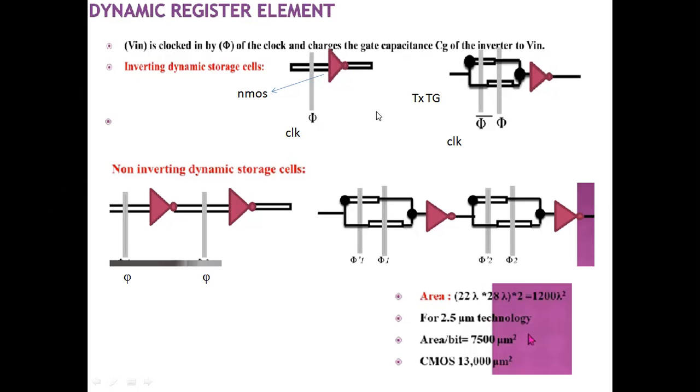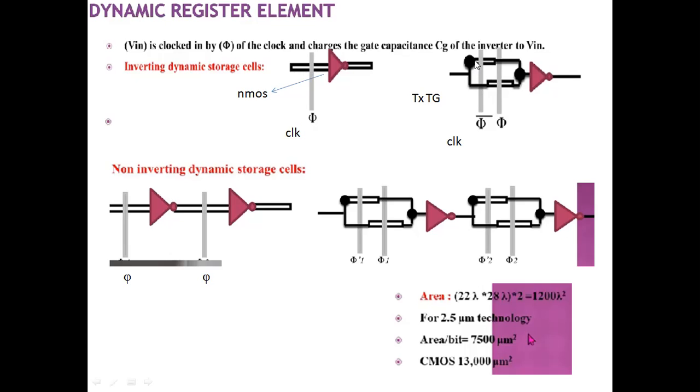Again, we have one more version of the same inverting dynamic storage cell. But the main change here is, if I use an NMOS device, we know that this NMOS device is weak in transferring the logic high. Hence, to avoid the degradation of the signal, we can make use of a transmission gate.